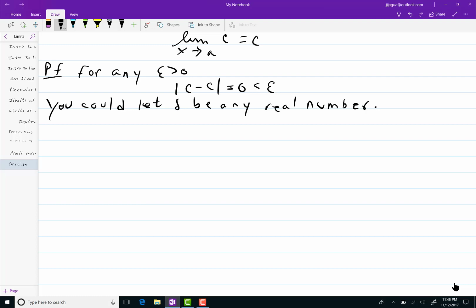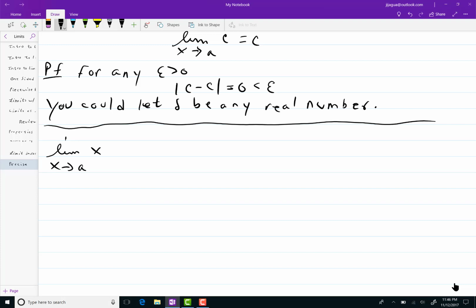All right, next. I don't know if it has a name. Let's write it this way: the limit as x goes to A of x equals A. So for the proof, let epsilon greater than 0 be given, and let delta equal epsilon.